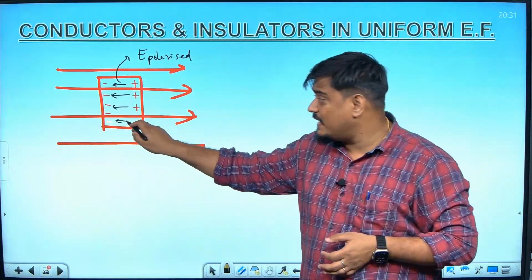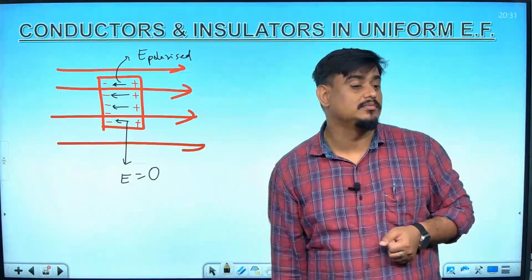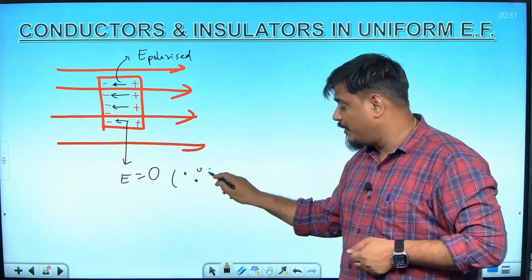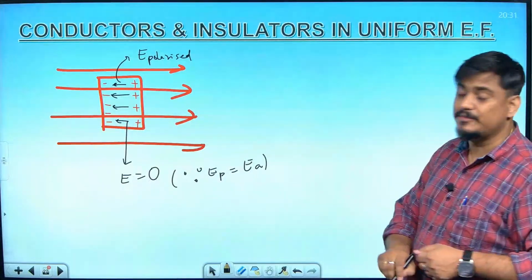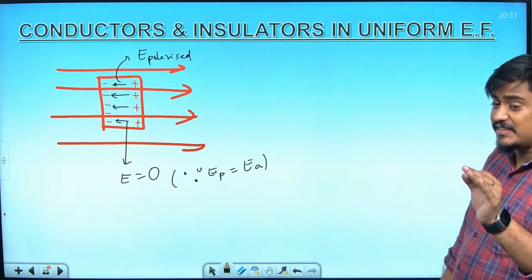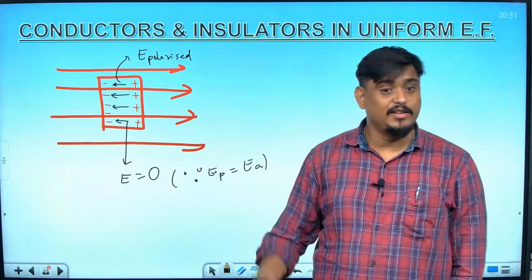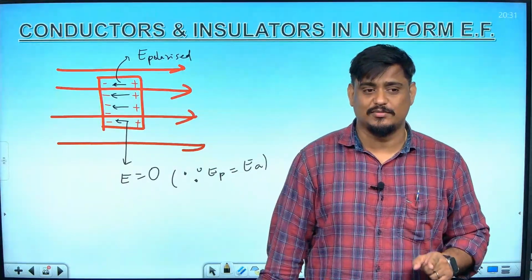So, inside the conductor, the electric field becomes equal to 0. Why did it become 0? Since the polarized electric field becomes equal to the applied electric field. Very important thing. If a conductor is placed inside the electric field, inside it becomes 0. This is called electrostatic shielding or Faraday's cage also.